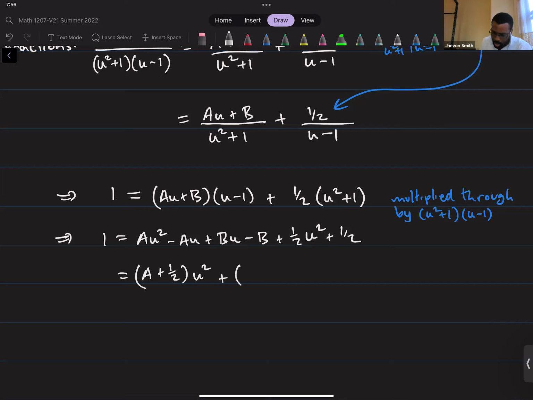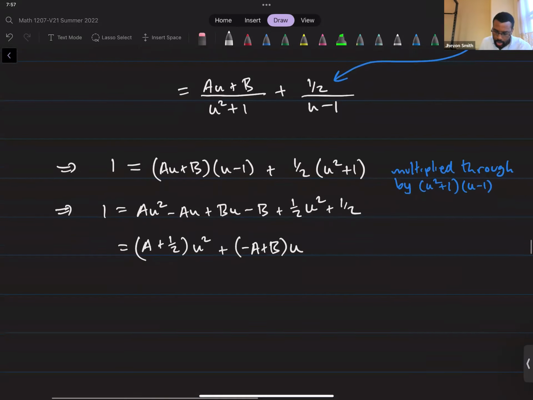Plus group the u's: I have minus A plus B times u. Group the constants: I have minus B plus 1/2 for the constant.